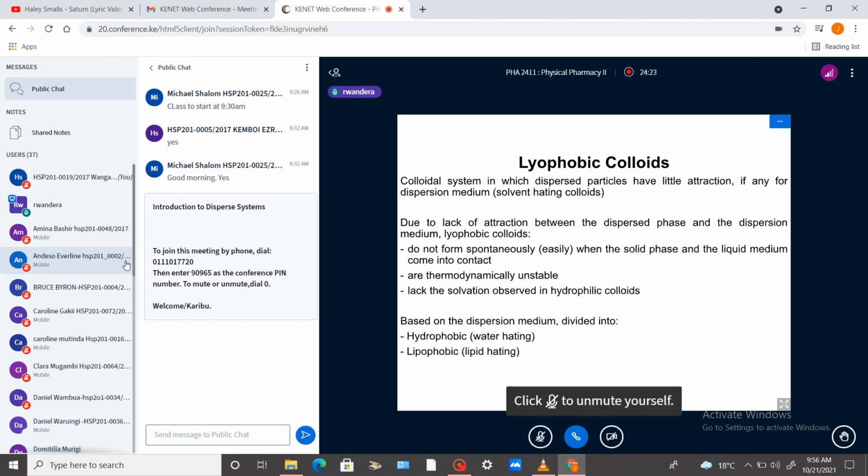They are also divided into two based on the little interaction with the dispersion medium. We have hydrophobic, which are water hating, and lipophobic, which are lipid hating or organic solvent hating colloids.